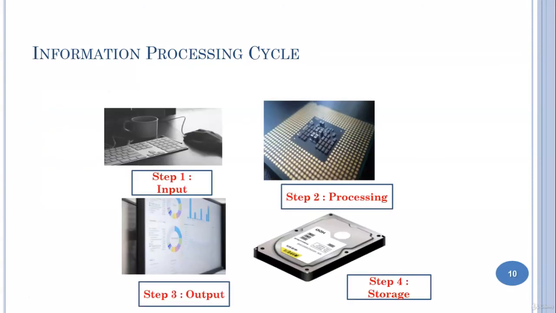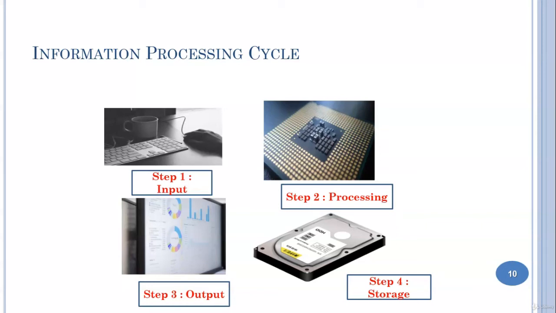Now let's see step number 1 of the information processing cycle, which is the input. During this part of the cycle, the computer accepts data from either a user or some program in order to process it. Step number 2 of the information processing cycle is processing.